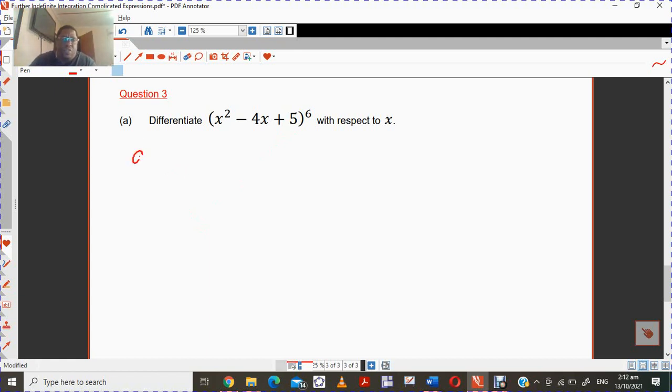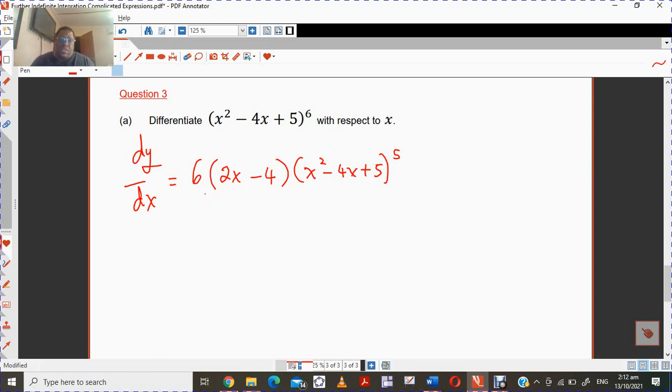Well, dy/dx would be 6 times the derivative of the inside, which is going to be 2x − 4, multiplied by the same stuff, (x² − 4x + 5), and now this is going to be to the power 5 because we are reducing by 1. We can clean this up, or we can leave it like that.